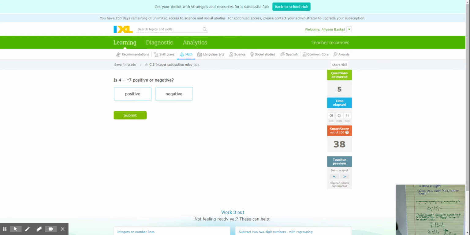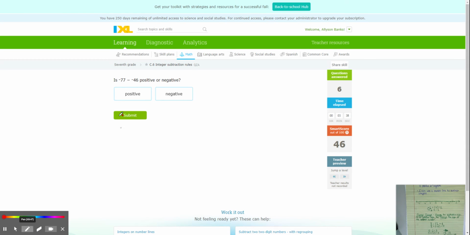All right, we have 4 minus negative 7. So we are going to add the opposite. Now we have a positive 4 and a positive 7. So our answer is going to be positive. Okay, let's look at this one. We have negative 77 minus negative 46.